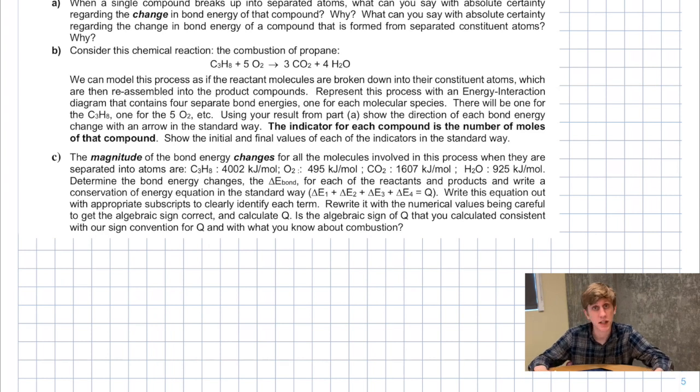This is a process that you're probably familiar with, known as combustion, when we burn a substance to produce heat. So we expect that this process should release energy. Let's see if we can actually calculate how much that is. The easiest way to think of this is as if you're pulling apart all the individual molecules on the left-hand side and then reassembling them into the products on the right-hand side.